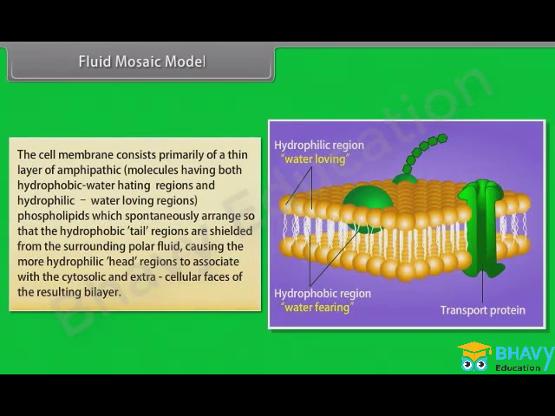The cell membrane consists primarily of thin layer of amphipathic molecules having both hydrophobic, water-hating, and hydrophilic, water-loving, regions. Phospholipids spontaneously arrange so that the hydrophobic tail regions are shielded from the surrounding polar fluid, causing the more hydrophilic head regions to associate with the cytosolic and extracellular phases of the resulting bilayer.